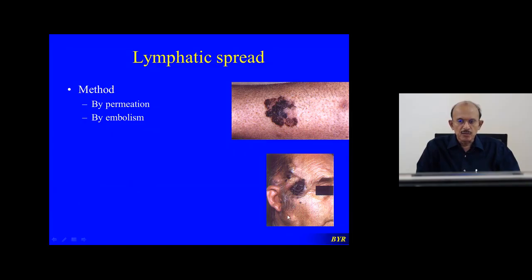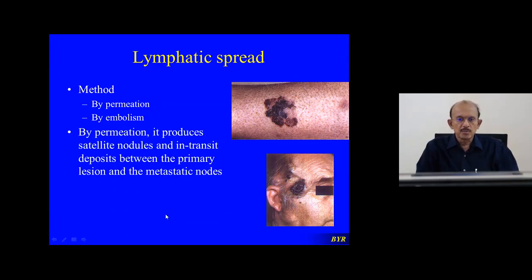This fellow has developed a lymph node here. And you can see there are 2 or 3 nodules here, and again 2 or 3 or 4 nodules here. So all these are satellite nodules. By permeation, it produces satellite nodules and in-transit deposits between the primary lesion and the metastatic nodes.